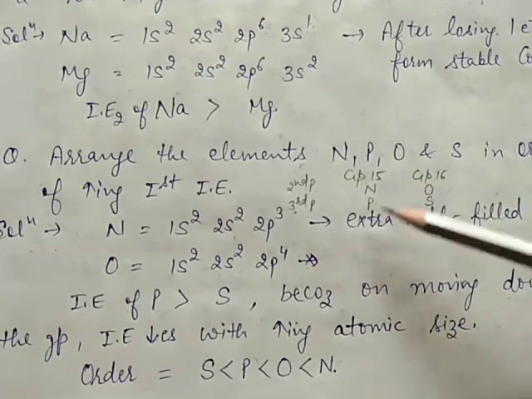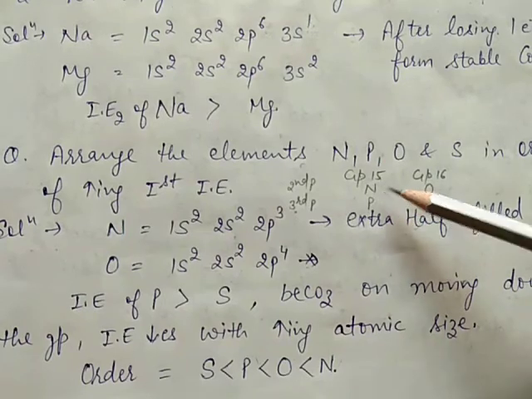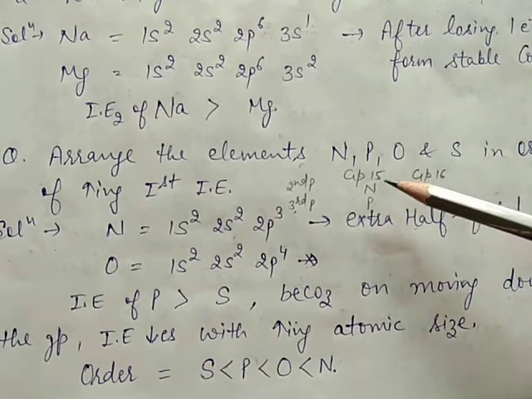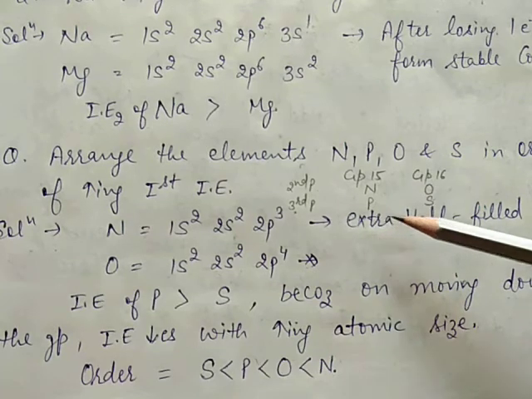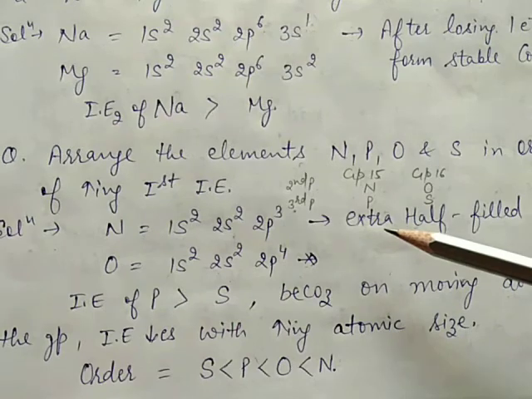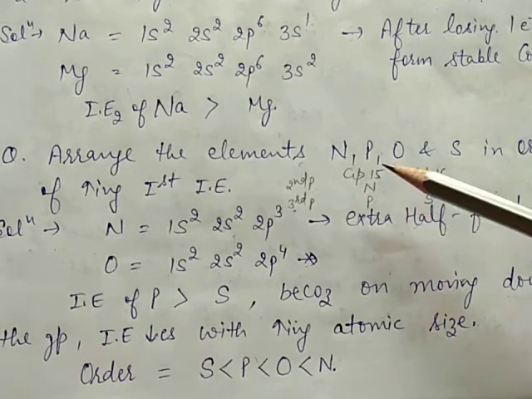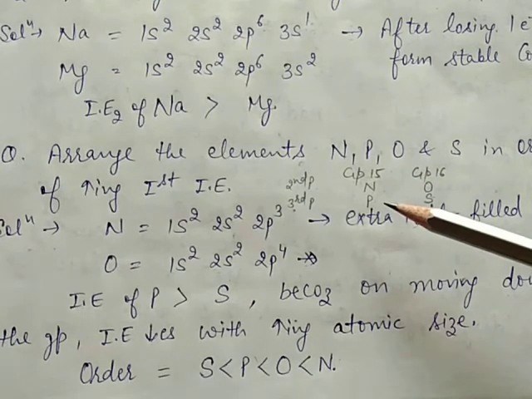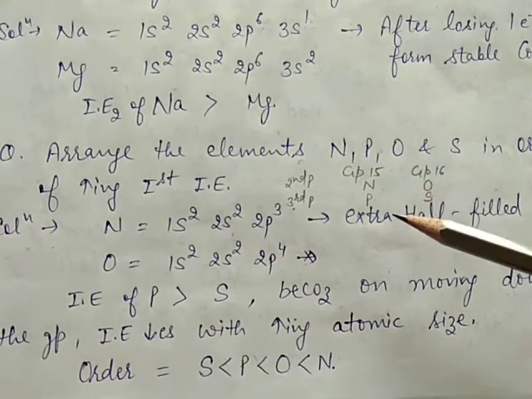Why does ionization energy decrease down the group? Because down the group atomic size increases and electrons are added in a new shell. So the nuclear charge increases, but the electrons are added to new energy levels.